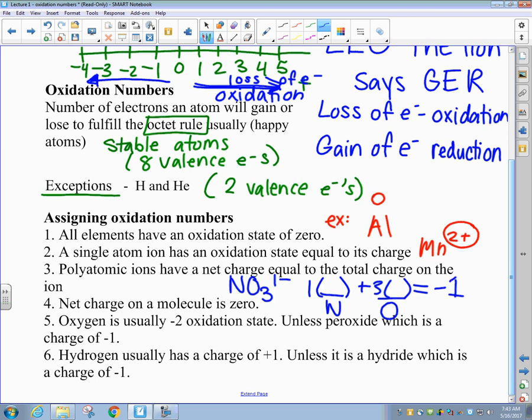So what we want to do is figure out first the oxidation state of the atom that we are most certain about. In this case, oxygen is what we want to look at first. Oxygen almost always has an oxidation state of -2. There is one exception that we will get to in rule number 5.